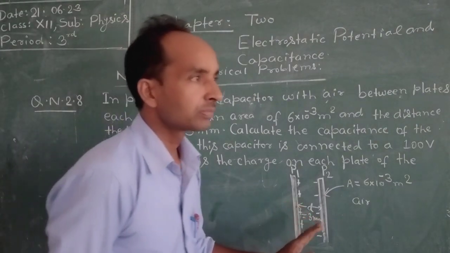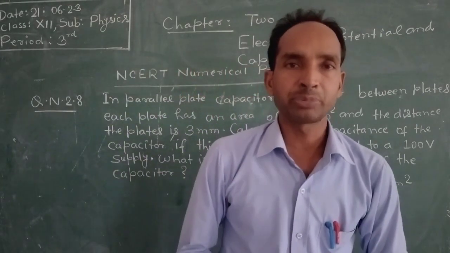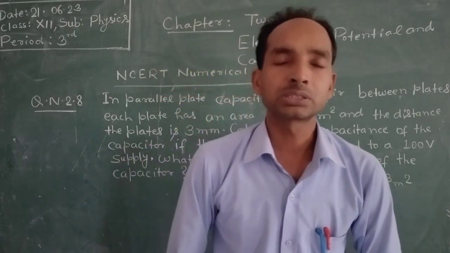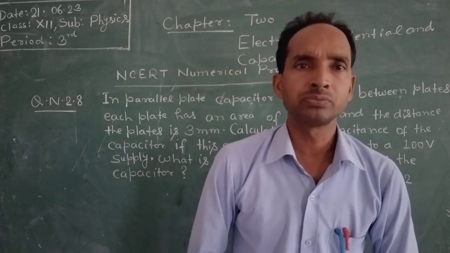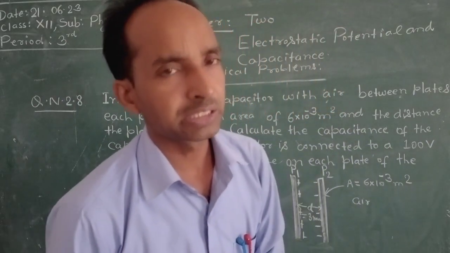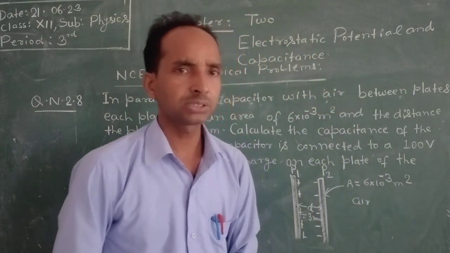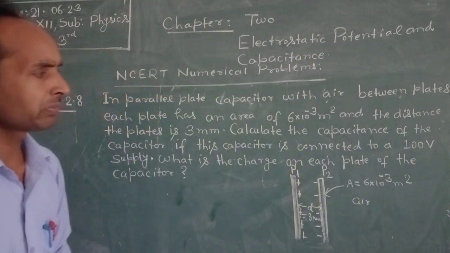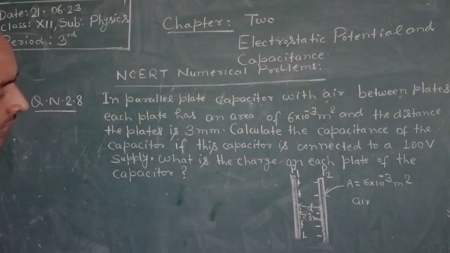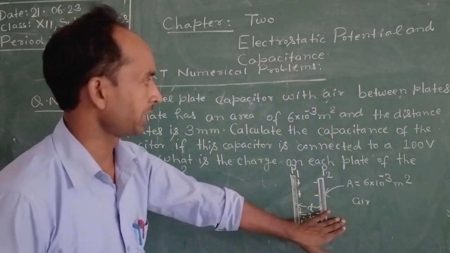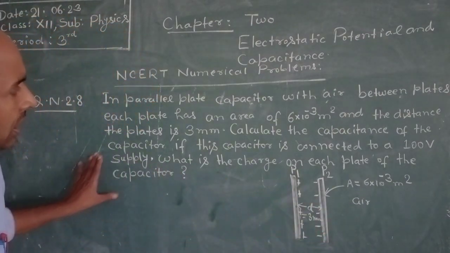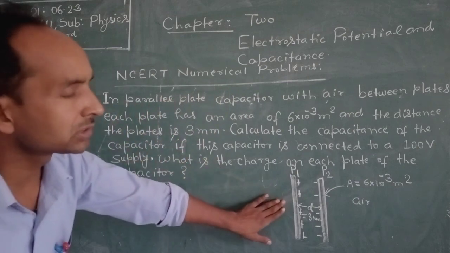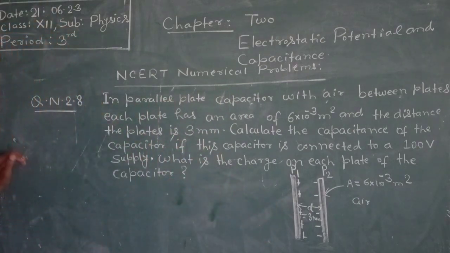We know the relation between C, Q and V: Q equal to CV, so we can easily find the charge on each plate. But first of all our priority is to find the capacitance of this capacitor.